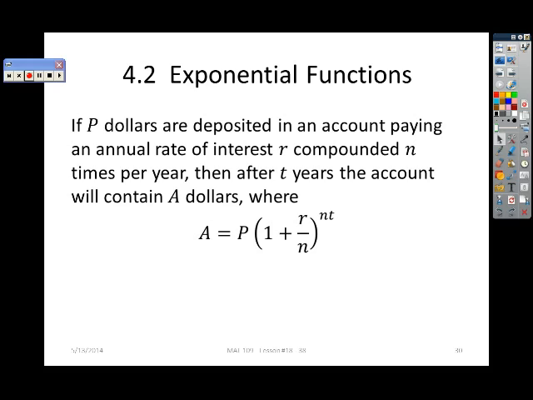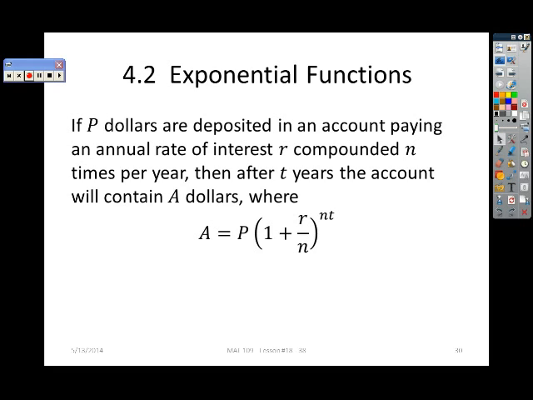I know when I took my economics class, we wound up with a whole bunch of these types of formulas for calculating different types of things. Starting from this, what would it grow to? Or if you keep adding something to this each month, what's it going to eventually grow to when you put interest with it?